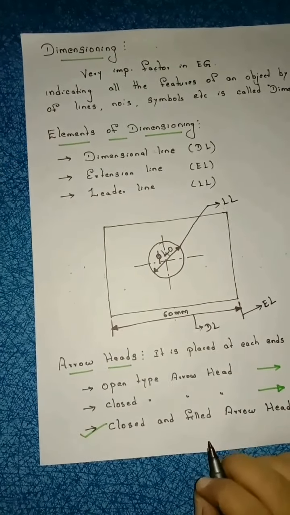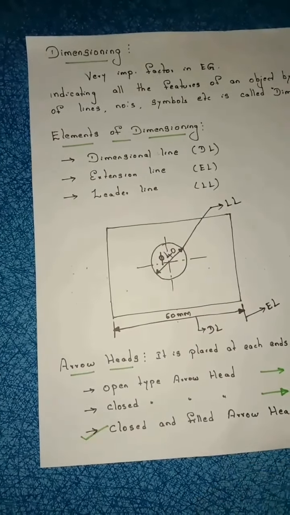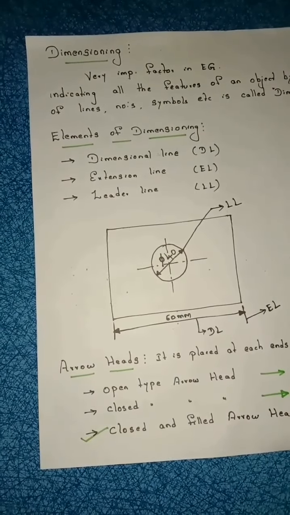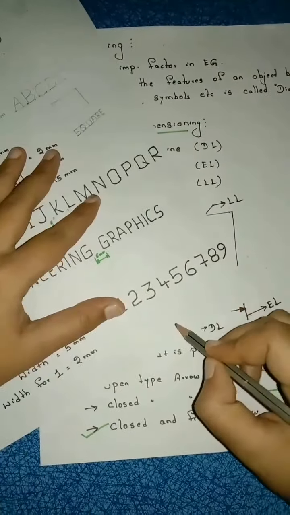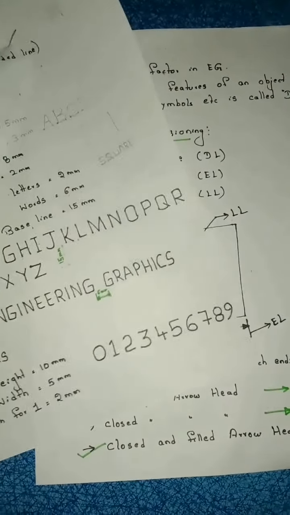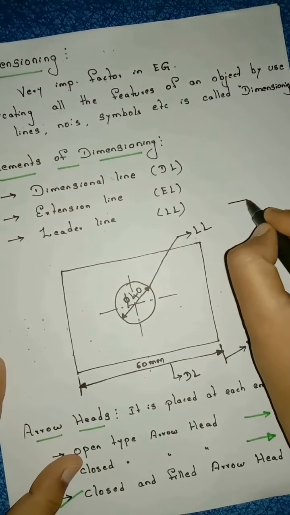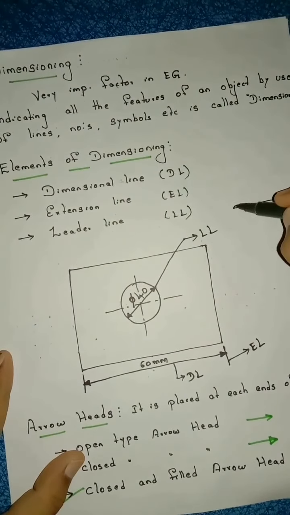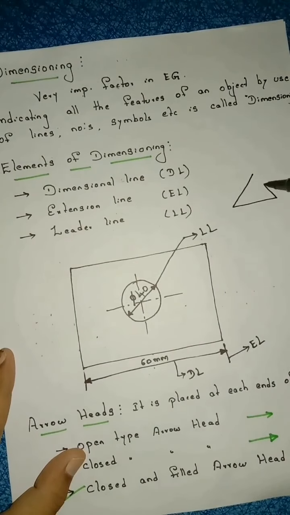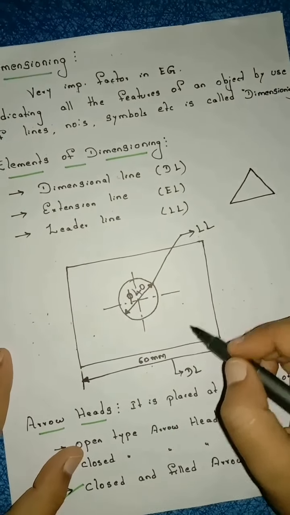Whatever you are drawing, now see, I will draw simply a triangle here. Now how to mark dimensions?